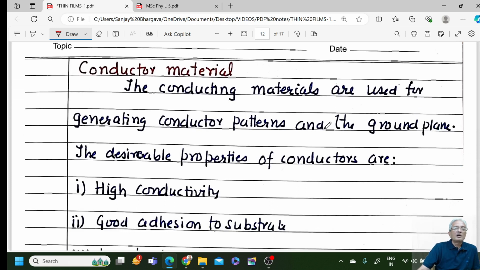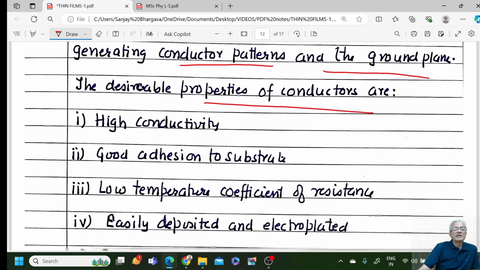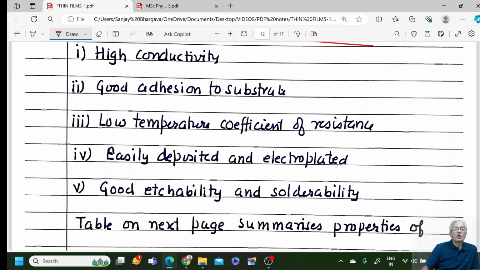Then we have something called conducting material. The conducting materials are used for generating conducting patterns and the ground plane. The desirable properties of the conductor are high conductivity, good adhesion to the substrate, low temperature coefficient of resistance, easily deposited and electroplated, good etchability and solderability.